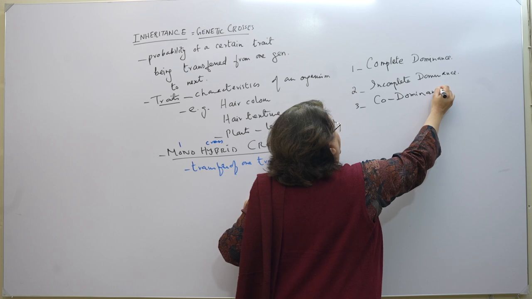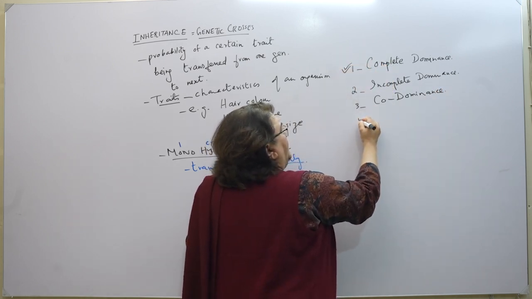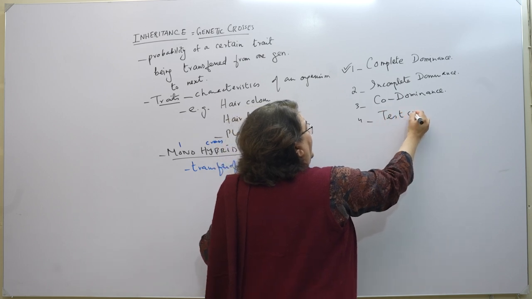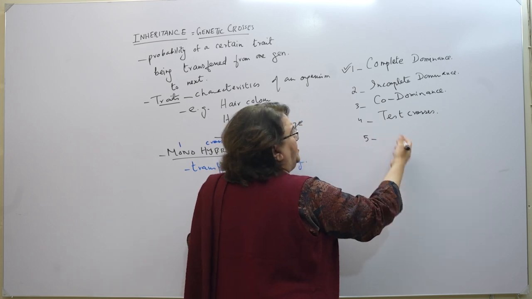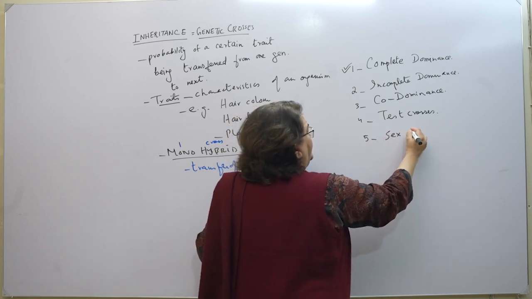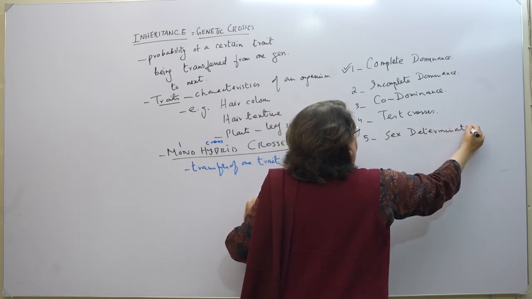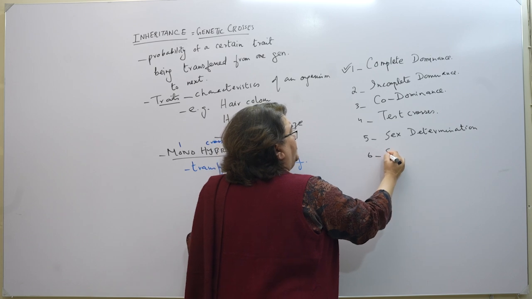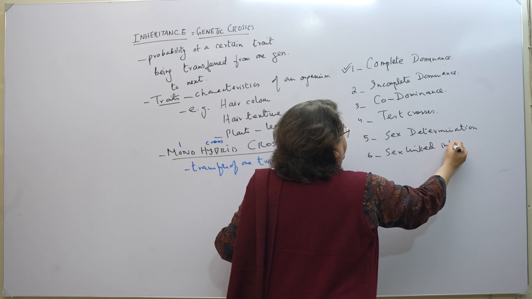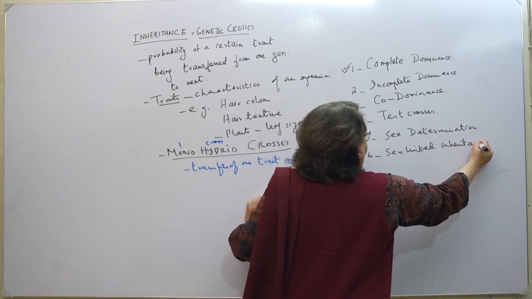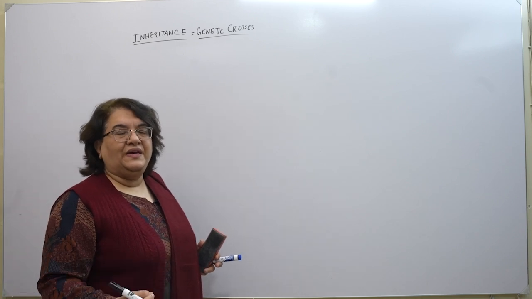We will be looking into each of them, but the first one you need to understand. After that, we can also look at test crosses and then determination of gender, or sex determination, and something linked with this would be sex linked inheritance, right? Okay, so the first one we're going to look at is complete dominance.